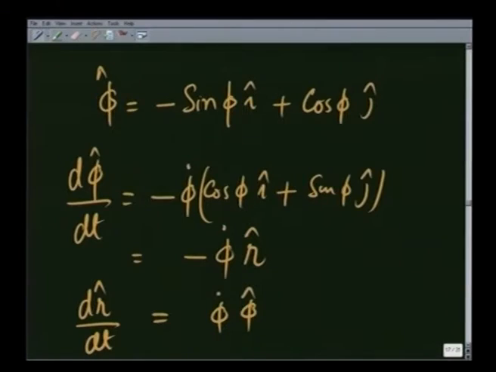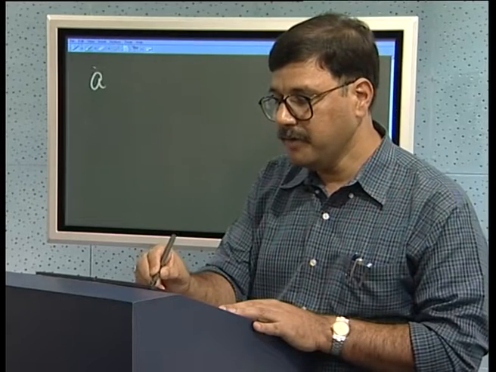and therefore, I can write an expression for the acceleration in planar polar coordinates. Let me write it again.